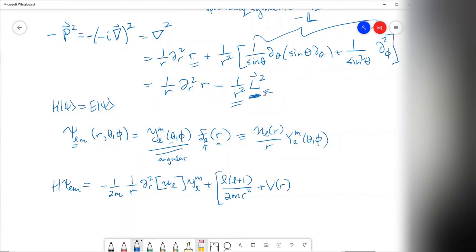And all of this is multiplying u L over r, that's this guy. And then of course you still have the YLM. And that's all supposedly equal to the energy that we're looking for.